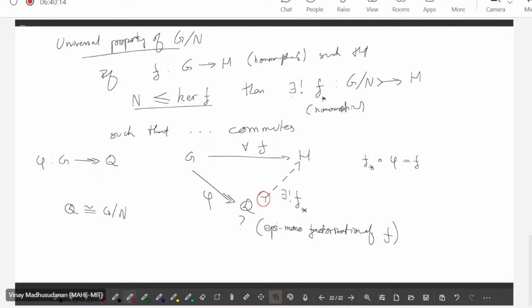When N is equal to the kernel of f. That means the image of f will be isomorphic to G mod N. Okay, fine. So continue.